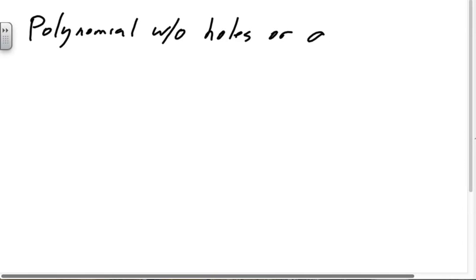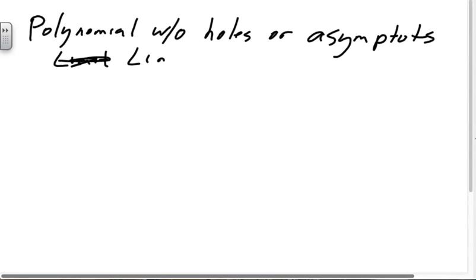Polynomials. These are a little bit easier actually. So if you have a polynomial that does not have holes or asymptotes, the limit as x approaches some value is going to be the same as what the function is at that value.